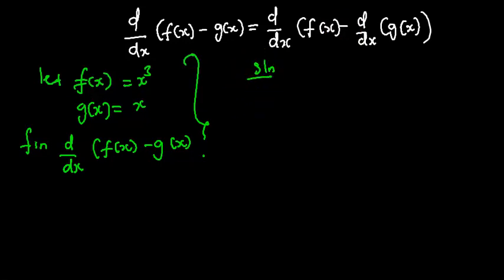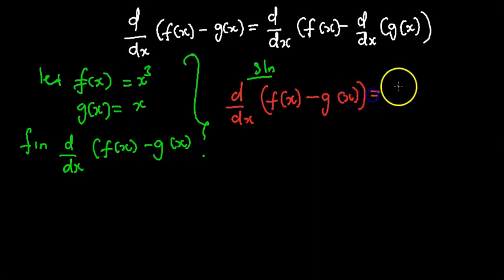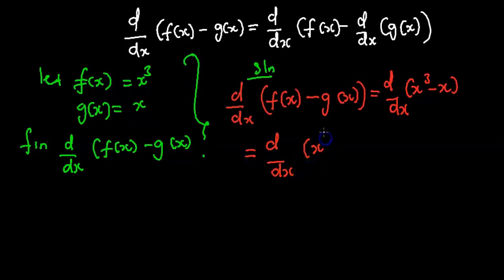In this case, we are simply going to say d over dx of f of x minus g of x is equal to d over dx of x to the power of 3 minus x, which is also equal to d over dx of x to the power of 3 minus d over dx of x.